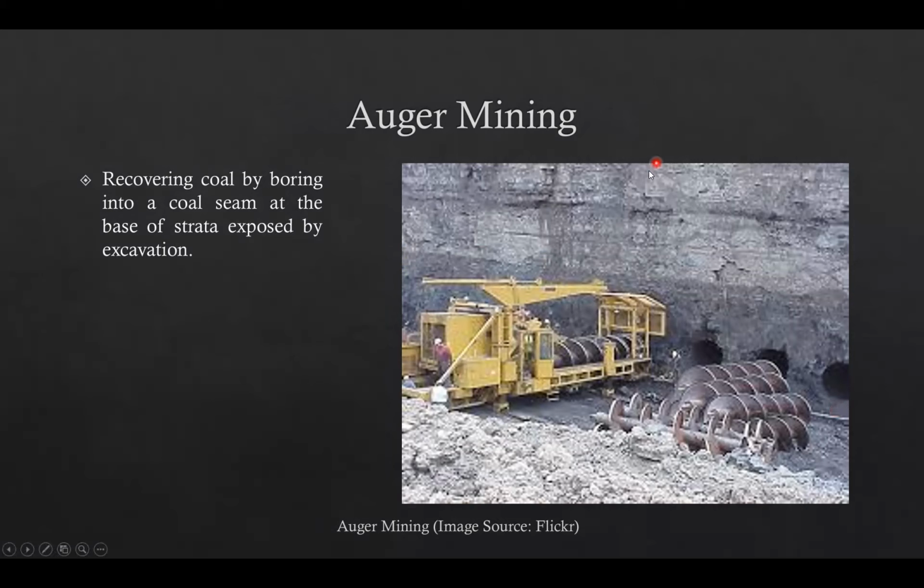For example, if we were excavating using strip mining and we reach an extent where we cannot further proceed, there is something on the surface that we cannot disturb, then we use auger drill machines at the bottom of the excavation and we drill into the ore seam to extract the ore instead of going further into the deposit. These are here the images of an auger drill machine.